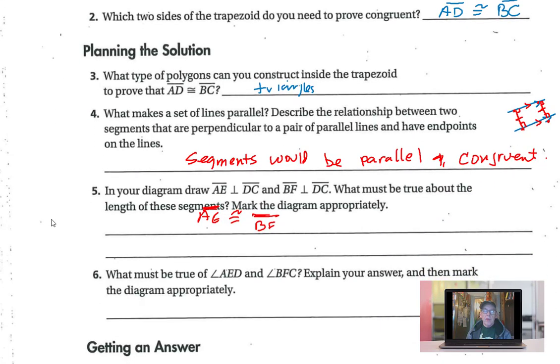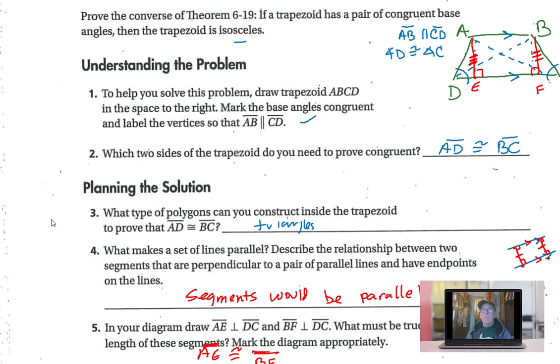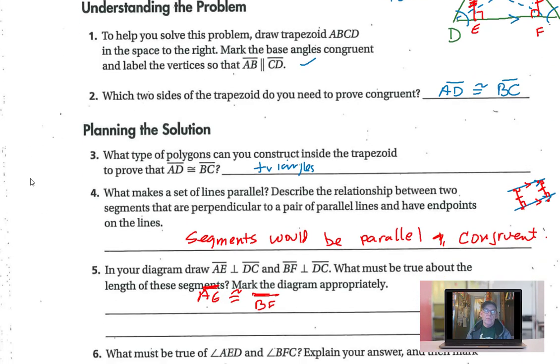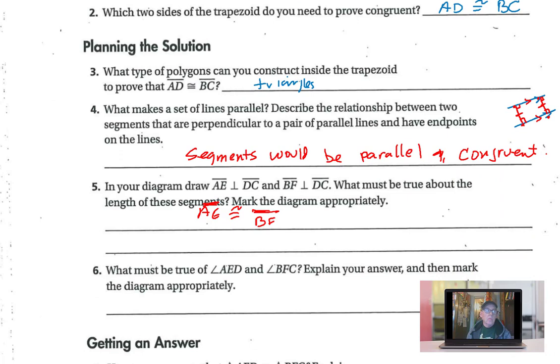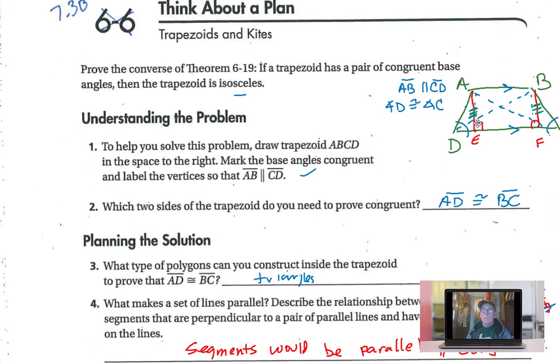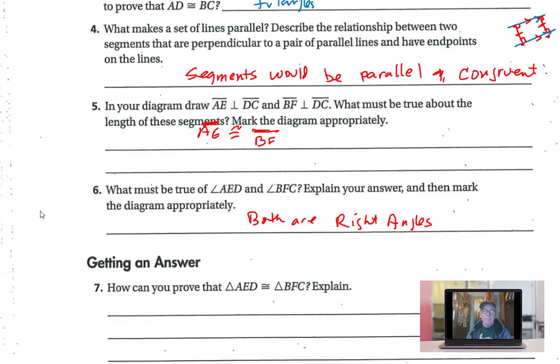What must be true of angle AED and BFC? They're both right angles. And mark it appropriately. Already got it marked. That one and that one are marked as perpendicular.